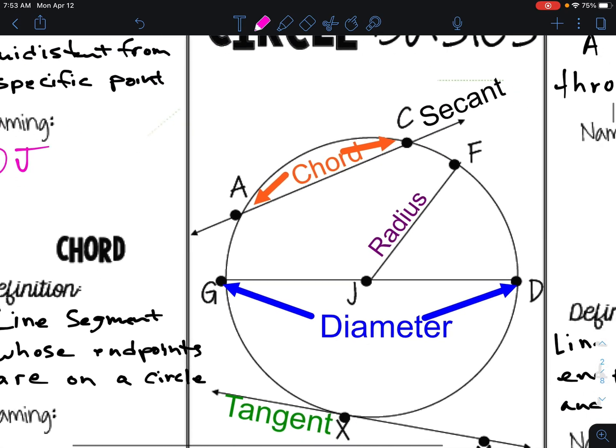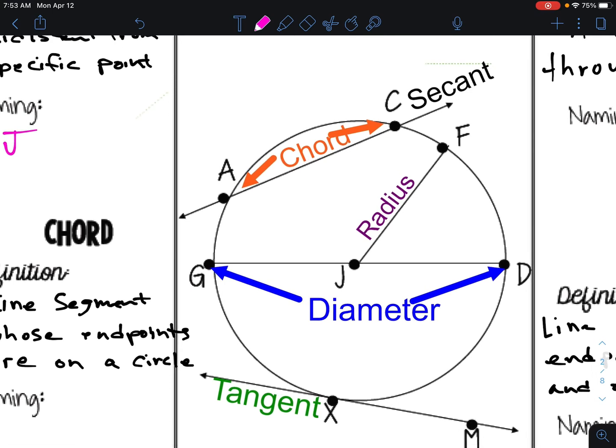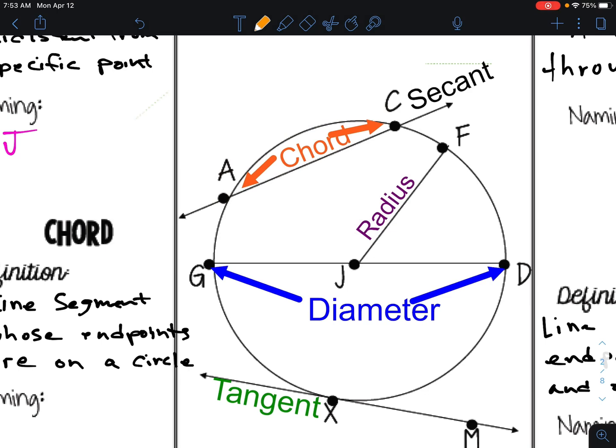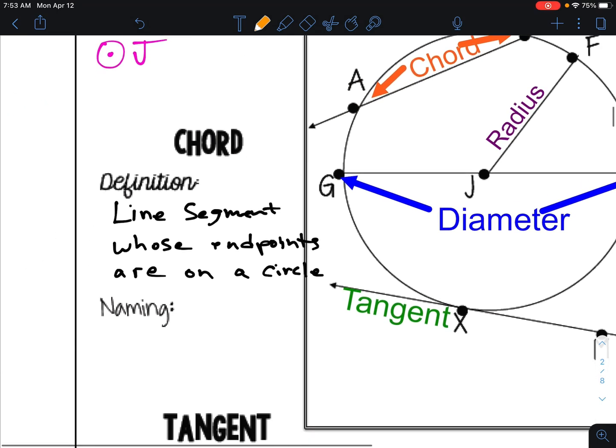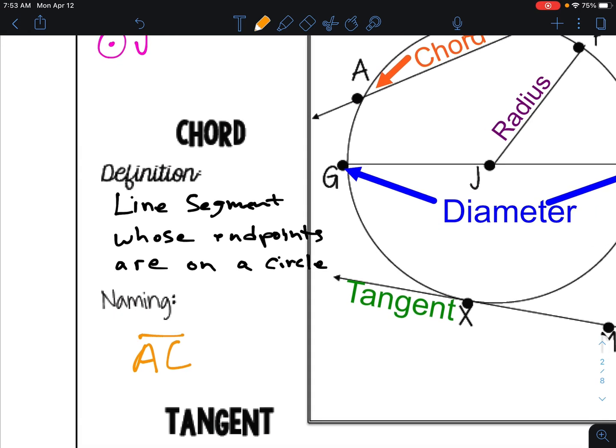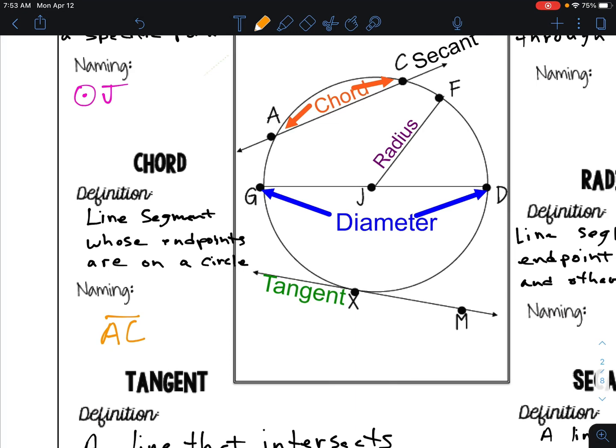We're finding two spots where our points are on a circle. And the chord is the line segment. So that's orange, so I'll keep this in orange color code. We would name it by calling it line segment AC. So a chord's endpoints are on a circle.